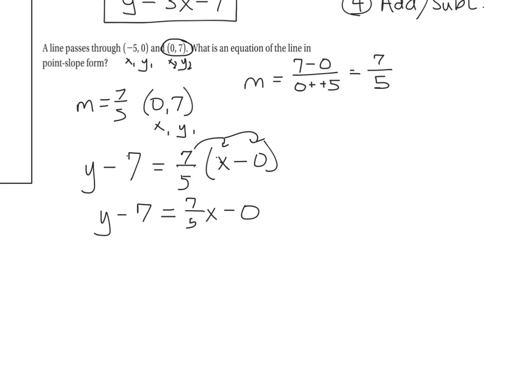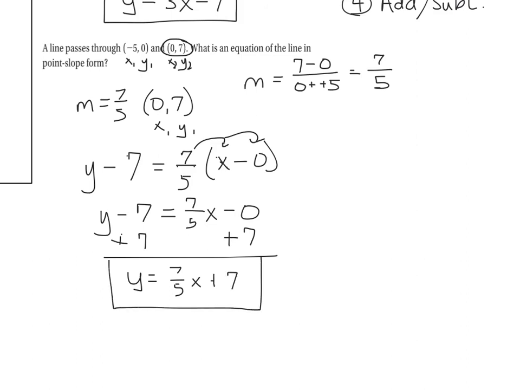And then all I'm going to do now is add 7 to get y by itself. And I get the equation y equals 7/5 x plus 7. Again, I'm in slope-intercept form at the end. All right, so now you should be able to complete these last few problems on Class Kick.